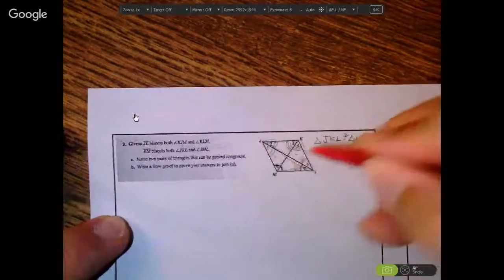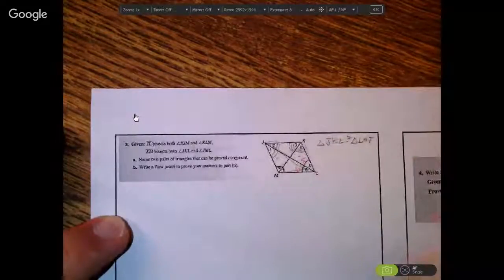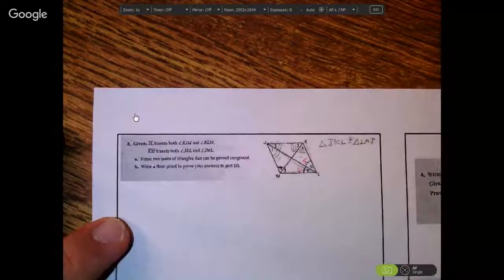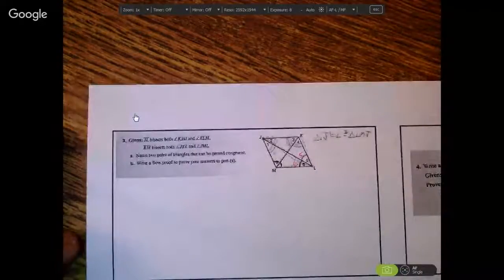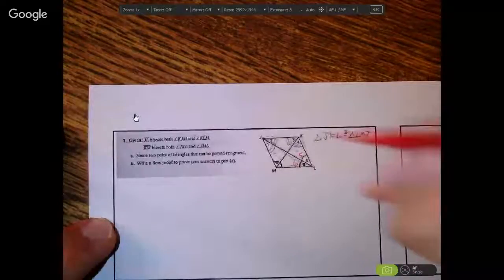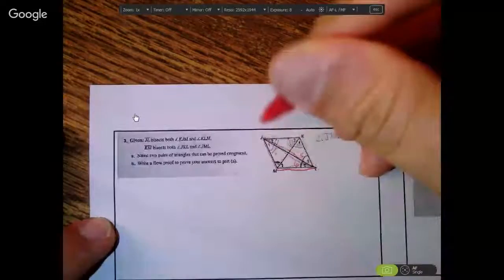And then 3 and 4, and then 7 and 8. Okay, so let's just start saying what we know. First off, let's make sure that we can see that this triangle is what we're trying to show is congruent to this triangle.